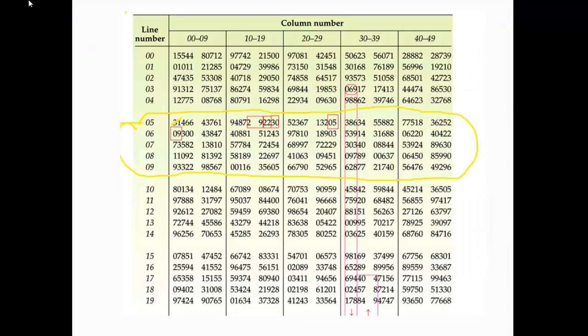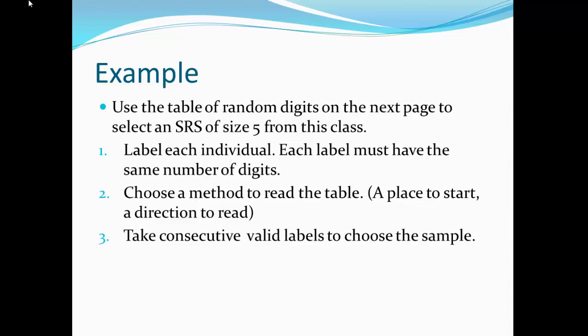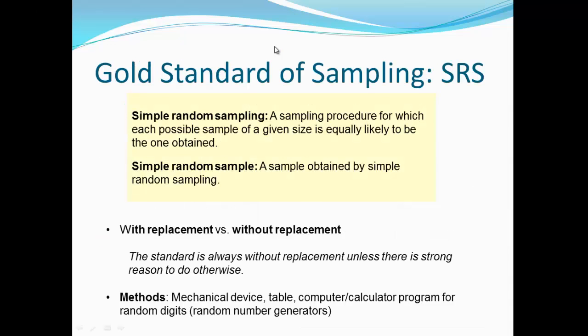Let's back up to our definition and see why that would be. A simple random sample involves a sampling procedure for which each possible sample of a given size is equally likely to be obtained. If we're going to use this method that we've described, it is necessarily the case that we get one person from each of the 5 rows.